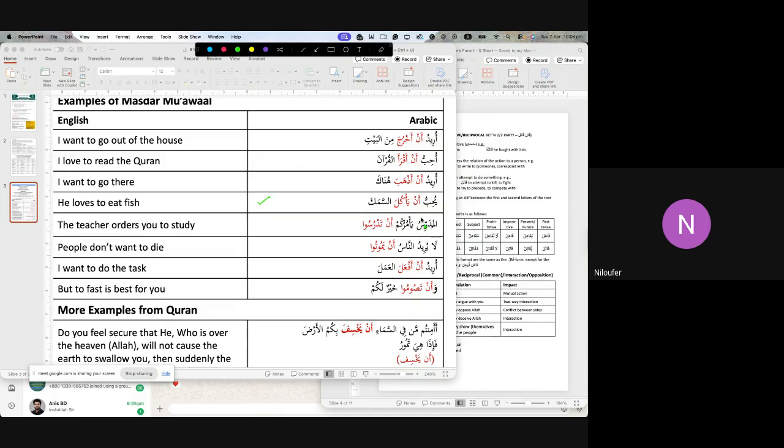So here the Masdar Muawwal is an yakula. This an is a harf nasiba and it makes the mudari verb mansoob. The root word is akala, yakulu, and this yakulu becomes yakula because of an, harf nasiba. Okay.